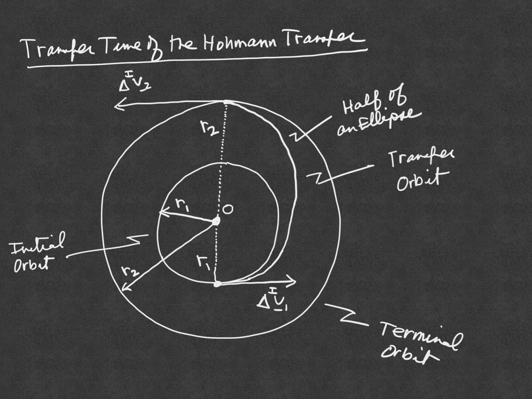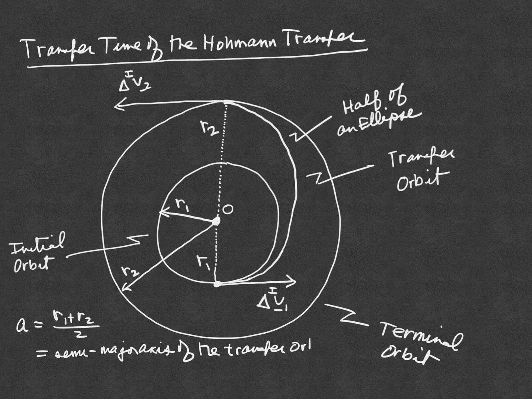It can be seen from the diagram that the transfer orbit is exactly half of an ellipse, and the semi-major axis of the transfer orbit was r1 plus r2 divided by 2.